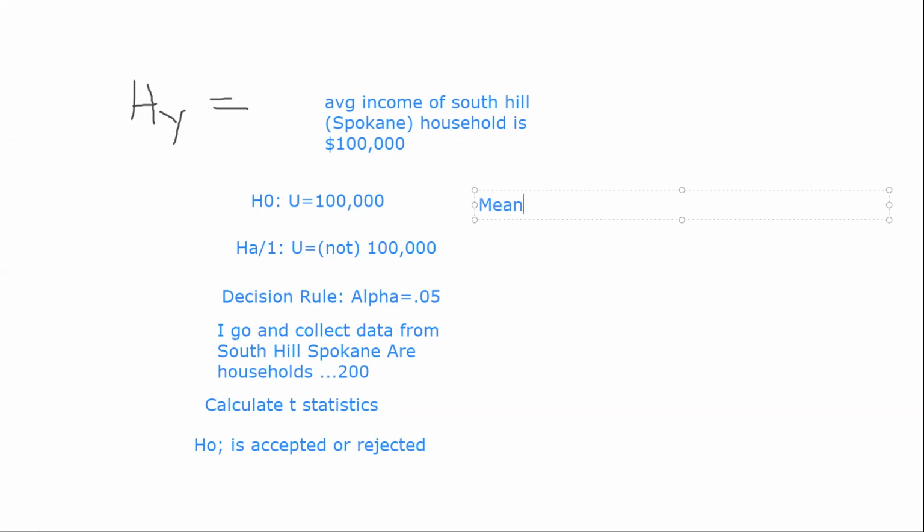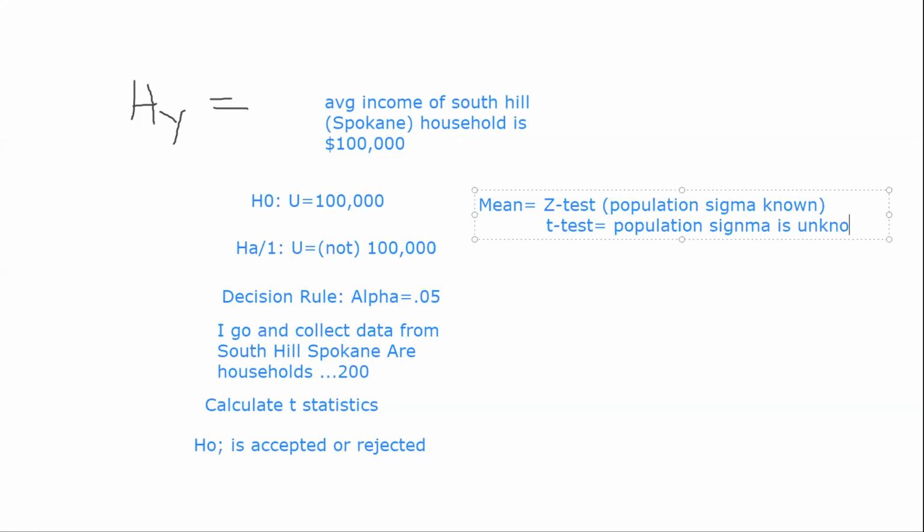One is the mean, again based on two cases: the z-test, when the population standard deviation is known, and the t-test, when the population sigma is unknown. So this is related to the mean in two situations, known sigma or unknown sigma.